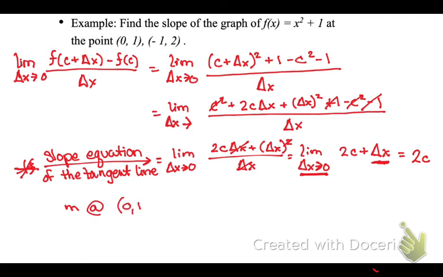So m at 0, 1 equals, our constant is our x value. So if I plug in 0 to our equation, I get 2 times 0, which is 0.